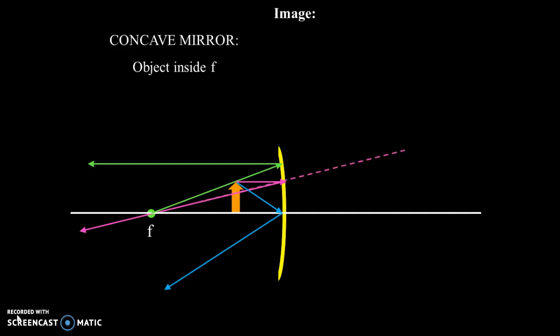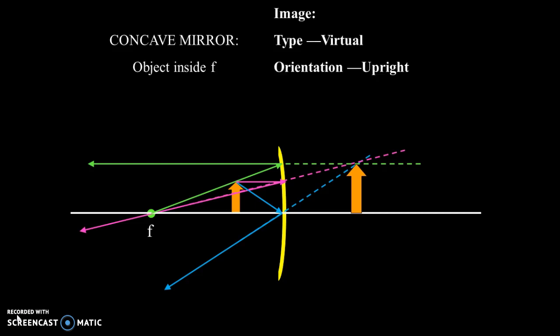So again, we have to extend these backwards inside of what we would call the surface of the mirror or behind the mirror. And again, where they intersect, you have your image formed. You can tell this is going to be on the opposite side of the mirror, therefore a virtual image. You can see that it is upright. It is definitely larger, and it's a little bit farther away.